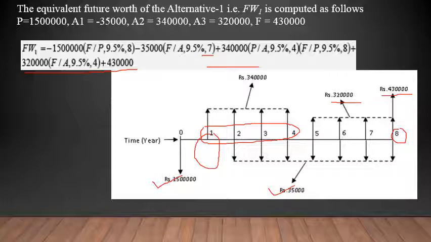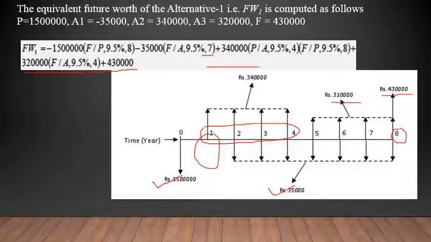If you remember the derivation of A and F, there we had very clearly indicated the cash flow will start from the first year and will go up to the nth year, and F will be calculated as on the nth year, and there will be a flow of A on the nth year also.